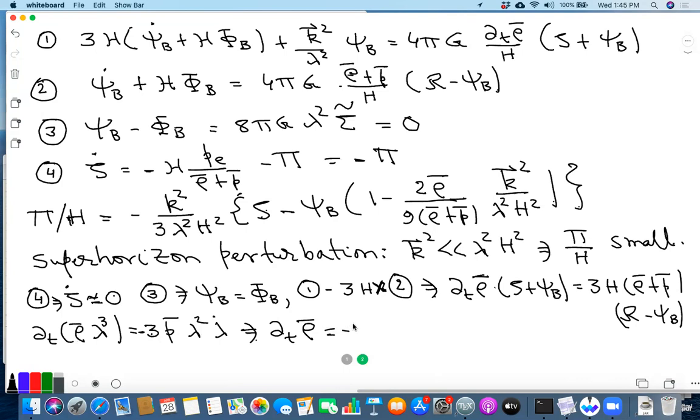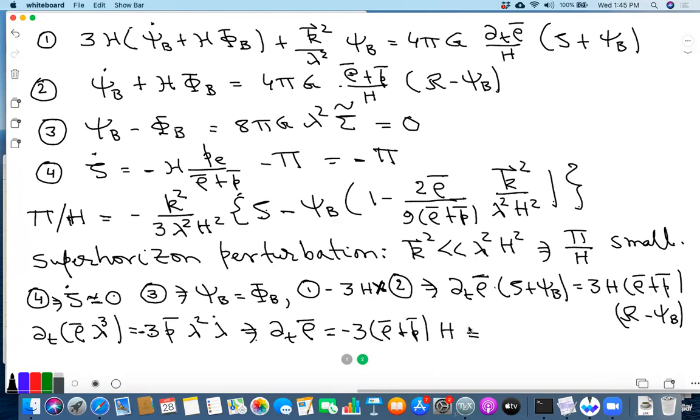So this is minus 3 rho bar plus p bar. Del T rho bar is multiplied by lambda cube, and this is multiplied by lambda square lambda dot. So when you take the ratio, it's lambda dot over lambda, which is nothing but h. So del T rho bar is really minus 3h times rho bar plus p bar.